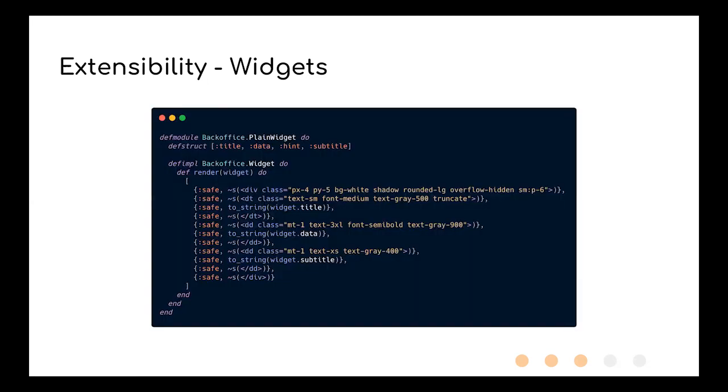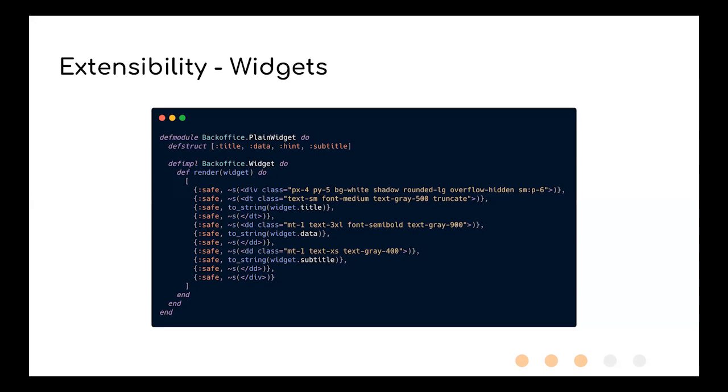So let's look at actual code. This is actual code extracted from Backoffice. You can see that you define a struct for your modules, and then you just implement the widgets. This is interesting as well because all you need to do is basically return an HTML safe string. But the interesting thing is that different kinds of widgets might require different kinds of data.